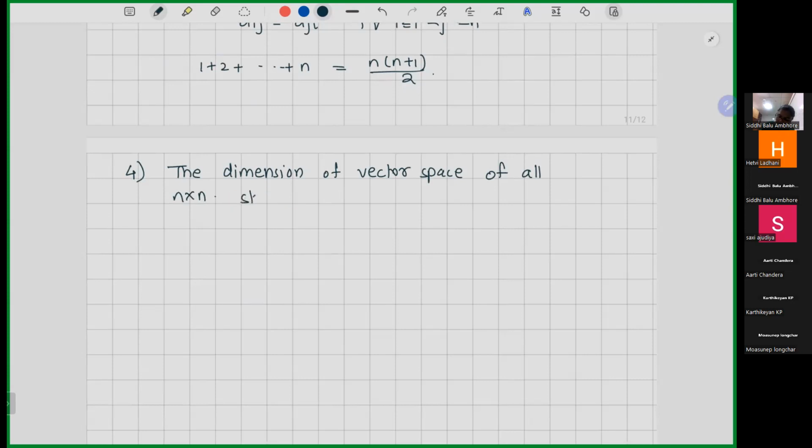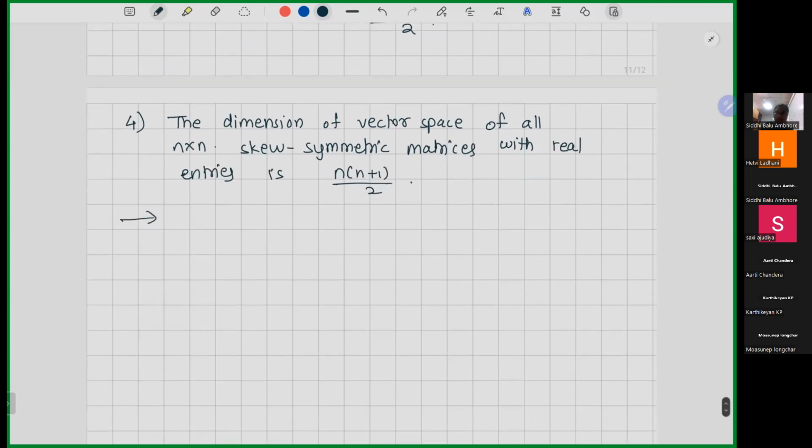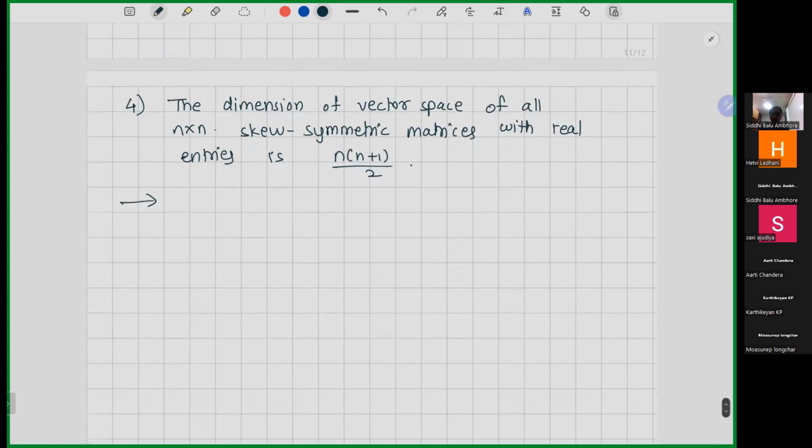Now they are talking about skew symmetric matrices. Skew symmetric matrices everyone knows, right? And they are again saying that skew symmetric matrices with real entries is again n plus 1 by 2. And what is your guess in this case? Will this be equal to n plus 1 by 2?